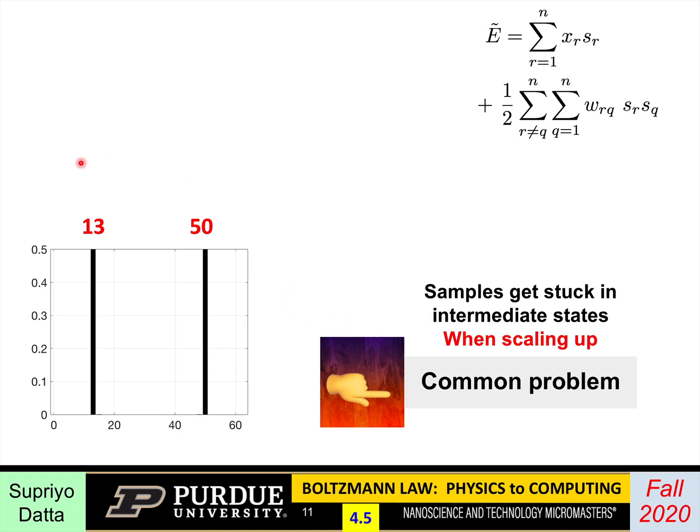Of course, if you're doing the actual Boltzmann calculation, you'd always find the correct peaks. But as I've mentioned before, when you scale up, the Boltzmann calculation is impractical because it's 2 to the power n, and you try to do this sampling.